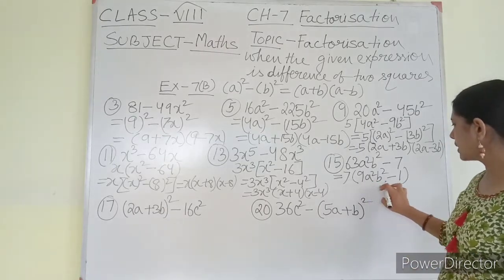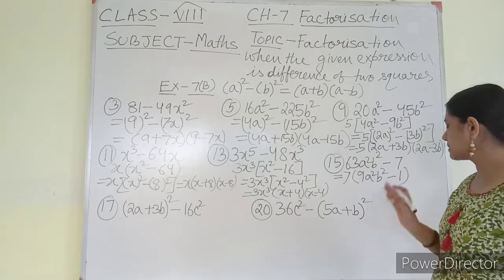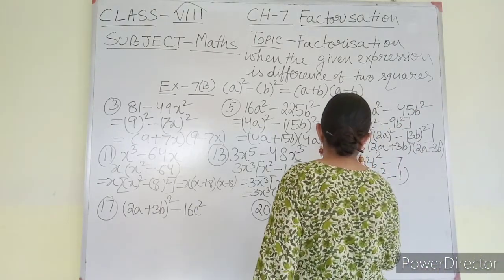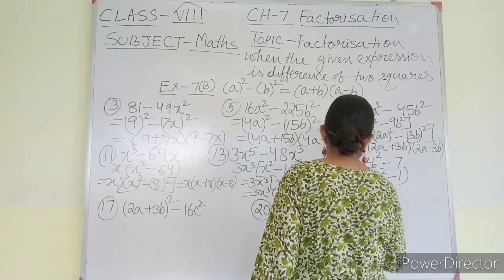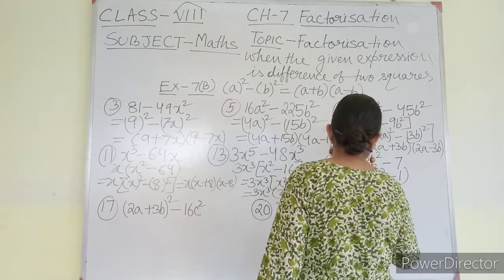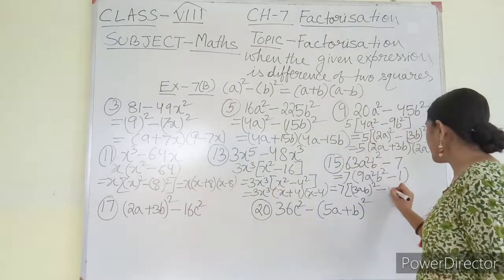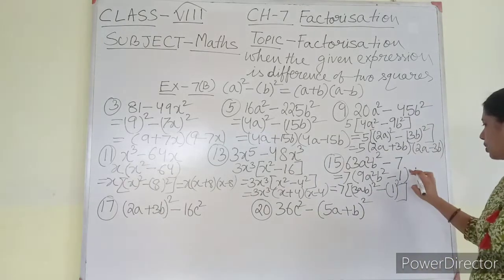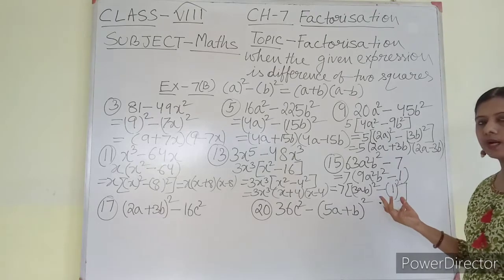Now 9a square b square can be written as 3ab whole square. 7 will be as it is, 3ab whole square, and this one can be written as 1 square, because 1 means 1 into 1.